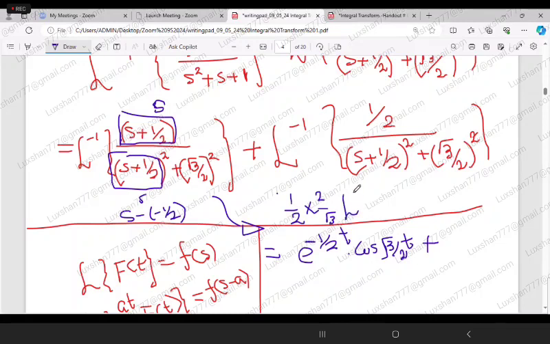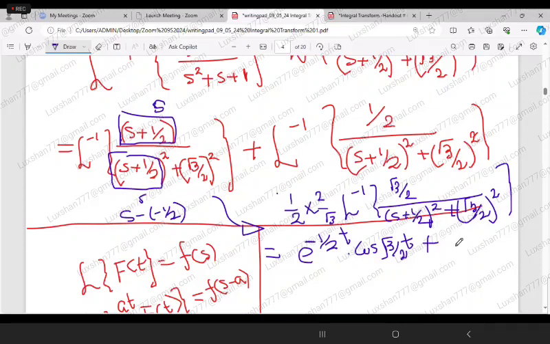Then this is actually Laplace transform of root 3 by 2 over s plus half all in square plus root 3 by 2 square, isn't it? Therefore, this is nothing but sine root 3 by 2 t. But here, instead of s, what we have is s plus half.